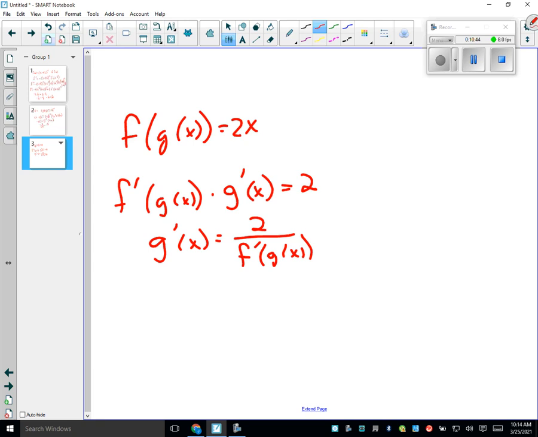What I tried to do was make 1 plus 4 squared equal u of g of x. That made that one work.